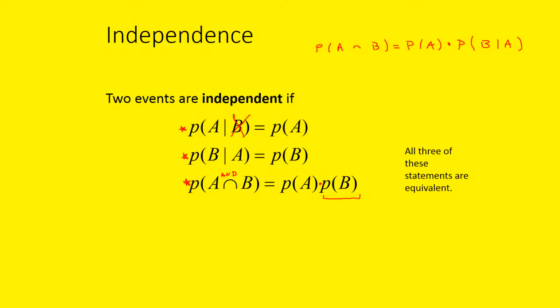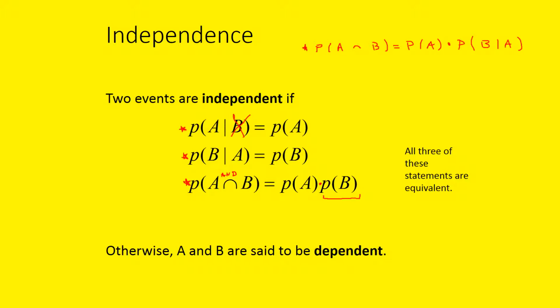Now, all three of these statements are equivalent. They all come from, well, algebra on this sort of equation. If one of them holds, they all do. If these things don't hold, then A and B are said to be dependent events.